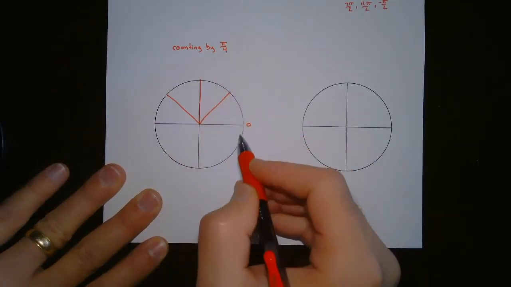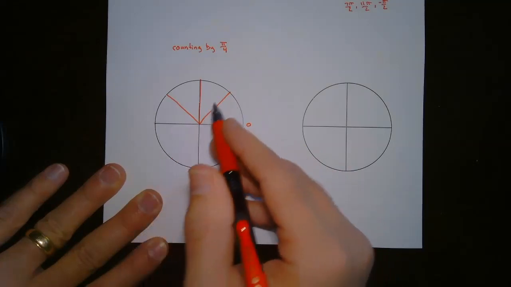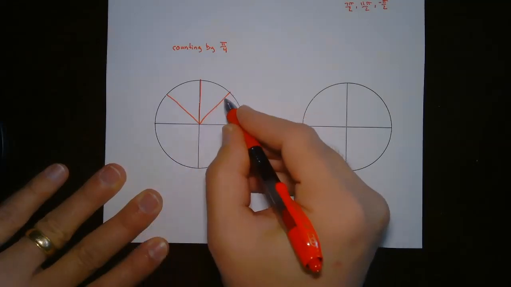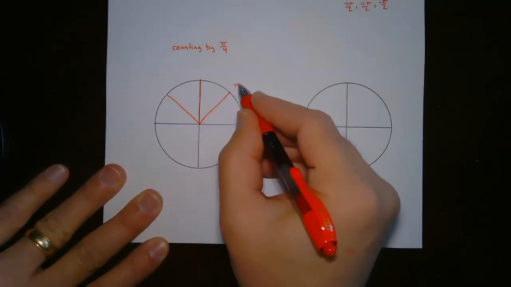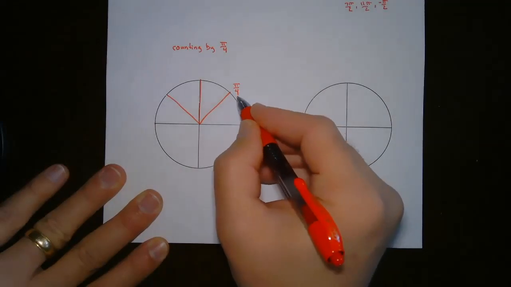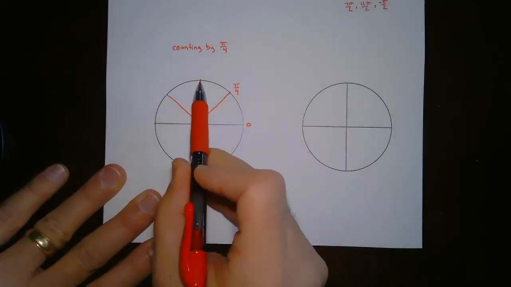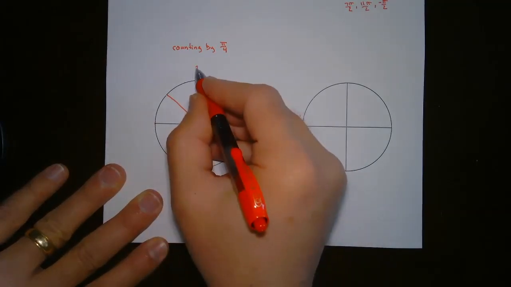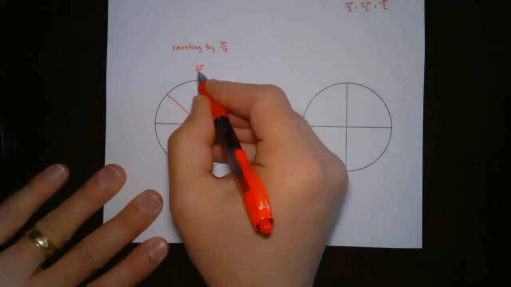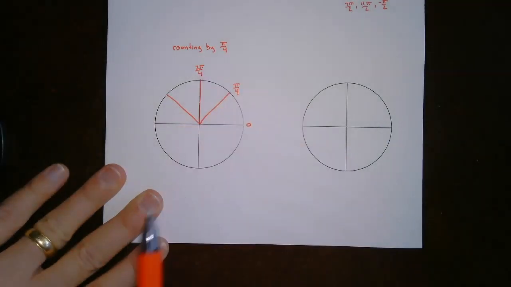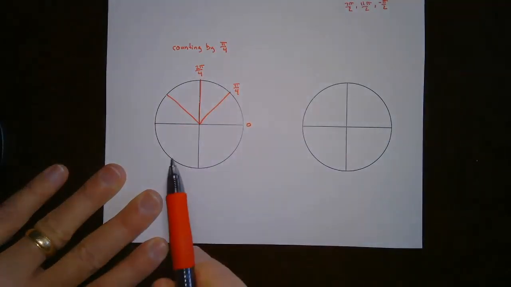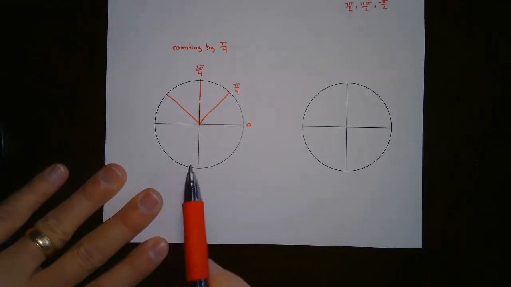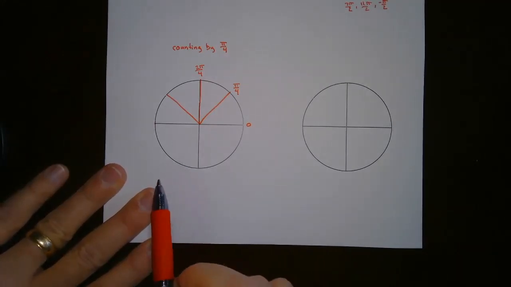If I divide into 4 pieces, this first angle would be pi over 4. Now, this next one would be 2 pi over 4. But nobody's ever going to call this angle 2 pi over 4 because 2 pi over 4 reduces to pi over 2. They're going to call it pi over 2.